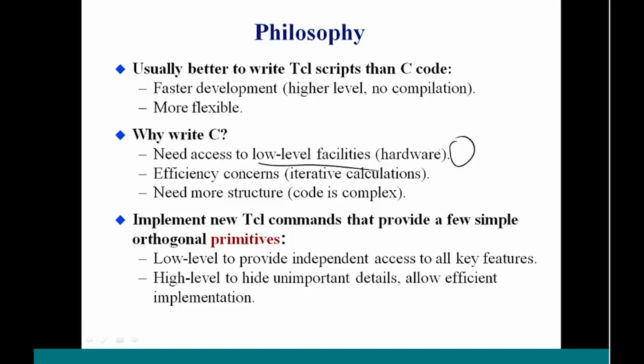We can request all those different hardware features directly using C. Then there is also efficiency concerns. When we have iterative calculations, C, since it is a compiled language, can optimize, and hence it provides much faster execution.